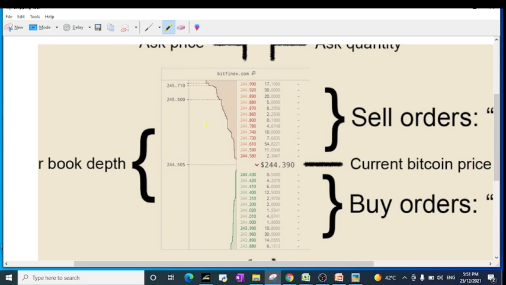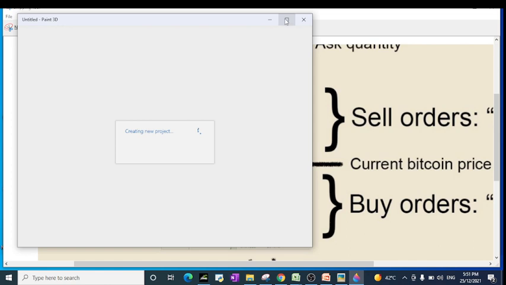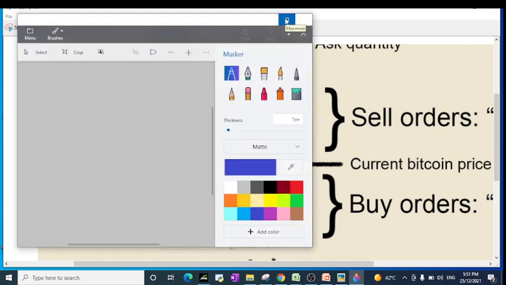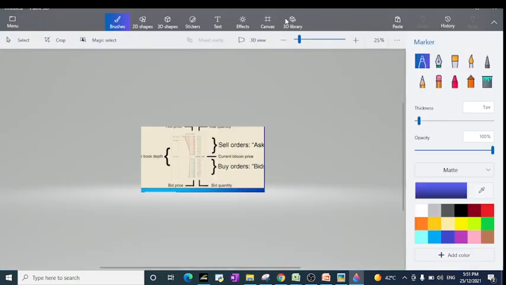Hang on. I'll just open this in Paint. So zoom in.